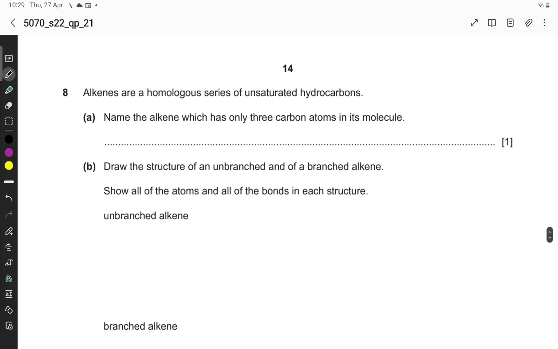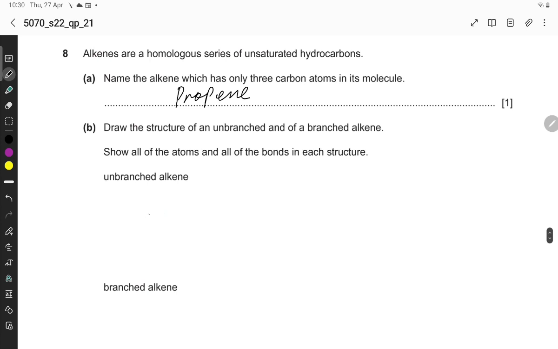Alkenes are a homologous series of unsaturated hydrocarbons. Name the alkene which has only 3 carbon atoms in its molecules. Propene. Draw the structure of an unbranched and of a branched alkene. Show all of the atoms and all the bonds in each structure.